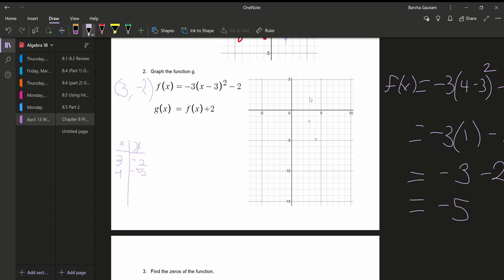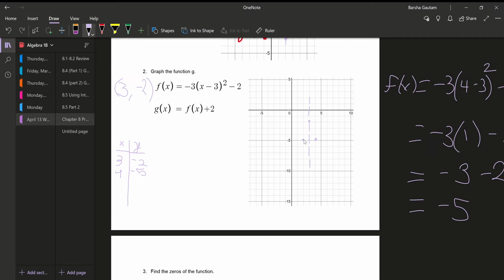And since we know that this is our axis of symmetry, since this is our vertex, the new point that we've calculated for -5, which is right here, is going to have to reflect across the axis of symmetry. So we can just put another one right here. Since this is 1 to the right, we're going to put 1 to the left. And now we can create our graph.